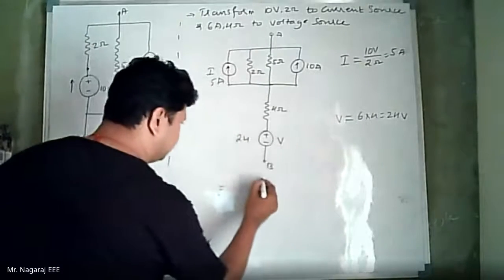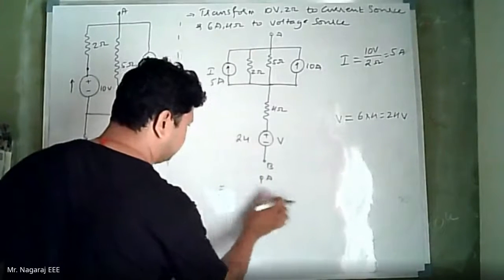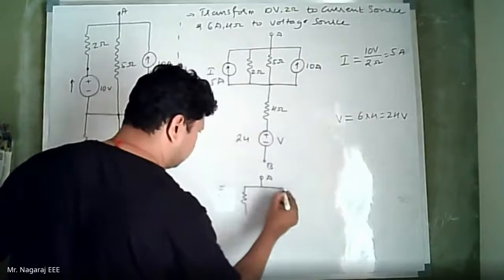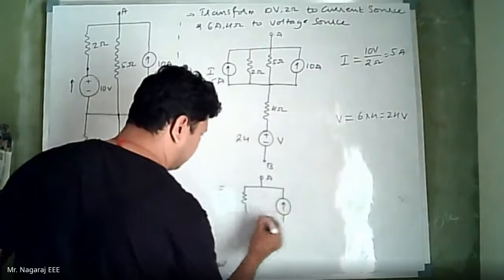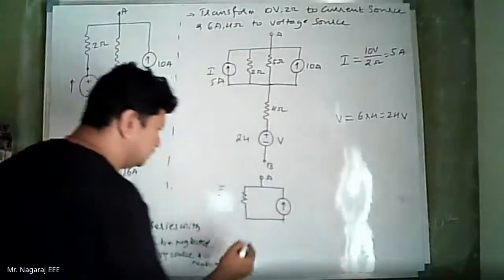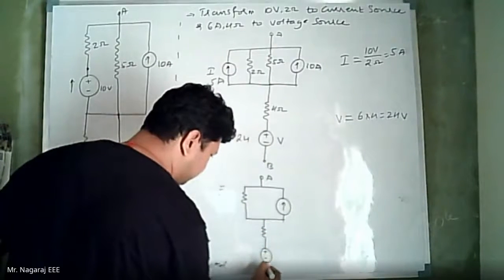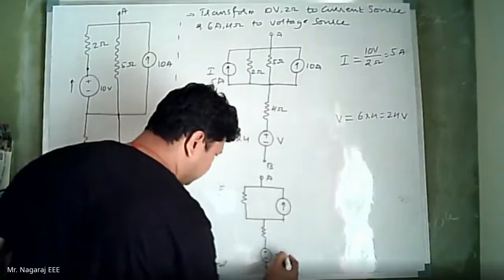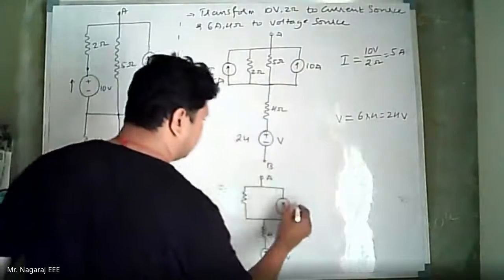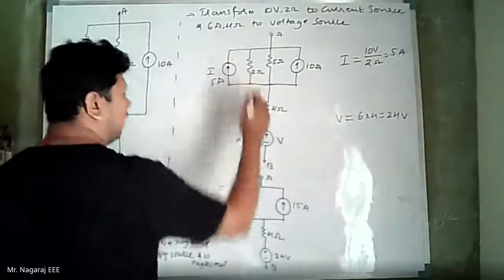So this I will get it as equal to, this is terminal A, so the direction of total current is upwards because both are in the same direction. So this is 5 plus 10, 15 amperes, and this is 2 parallel 5.